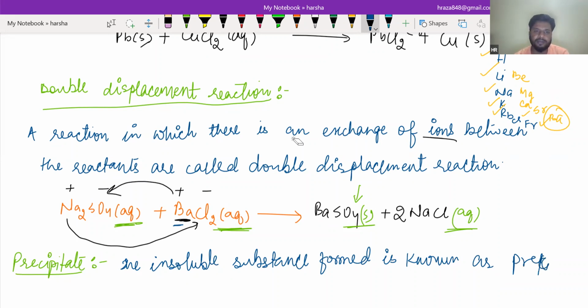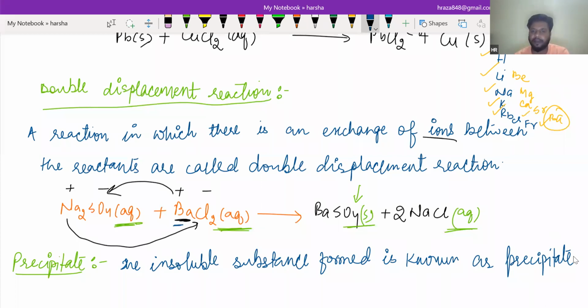These aqueous solutions combine, and one of the products is insoluble in the aqueous solution, so that substance is called precipitate.